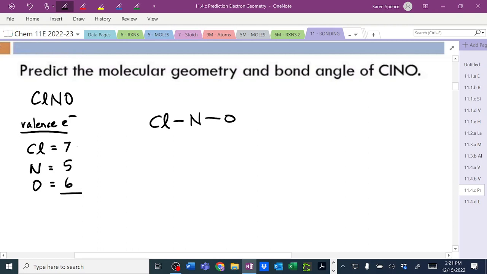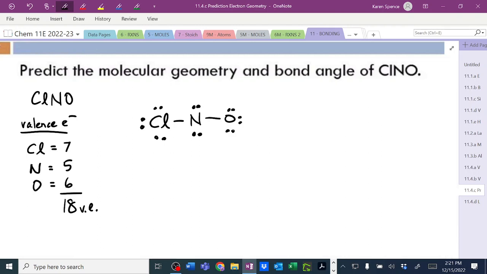So we have 7 plus 5 is 12 plus 6 is 18. What's the next step? Draw in all the lone pairs, every single one of them, everywhere. Okay.